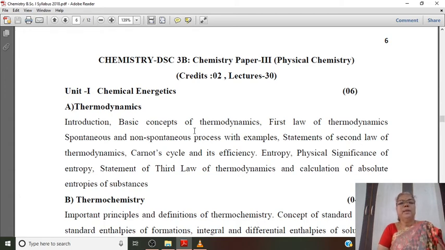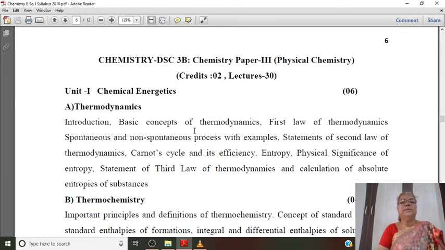Here spontaneous processes are the processes which occur without addition of external energy, without aid of external energy. That means to occur that process we don't have to force that reaction to occur, it takes place on its own accord.